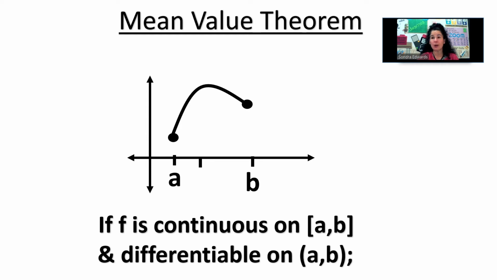So we have two prerequisites: that the function is continuous, don't pick up your pencil, on the closed interval a to b, and differentiable so you can find the slope of the tangent on the open interval a to b. That also means we can't have a cusp. If we had a cusp in there, then we would have a point where this function was not differentiable. So this curve is also going to be smooth as we connect it from a to b.